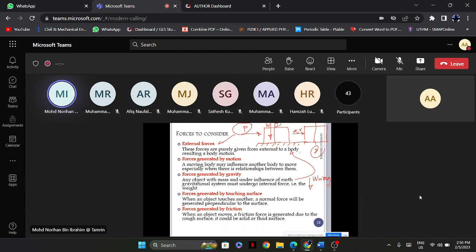If we apply the force P, it will have the tendency to move rightward, and at the same time it will have a frictional force, let's say Fr. Fr represents the frictional force. The normal force has this direction. This one is N. It is always perpendicular to this surface itself.